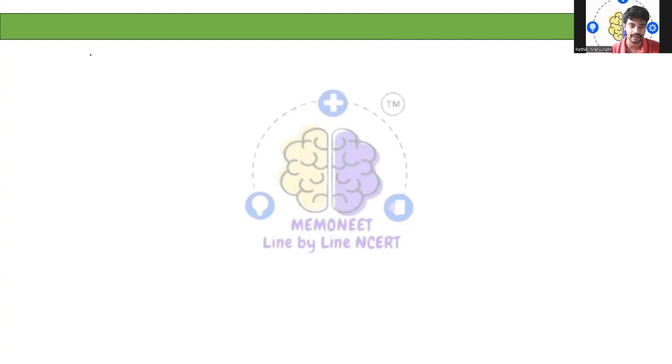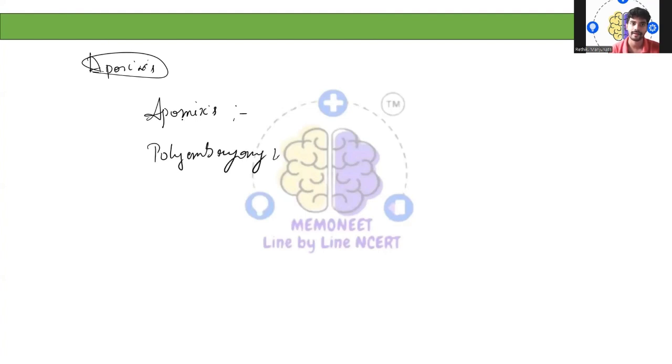So the last part is apomixis and polyembryony. All those seeds are generally produced through fertilization, but in a few flowering plants, such as some species of grasses, they have evolved a special mechanism.